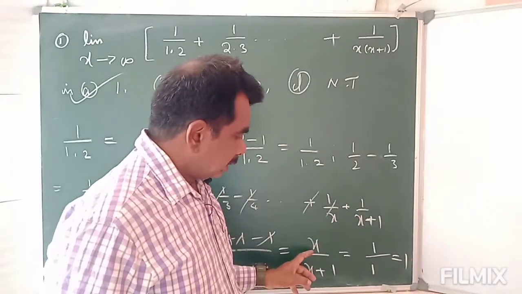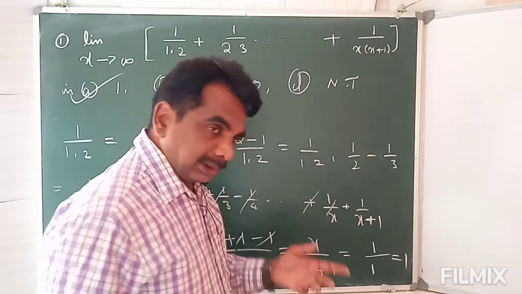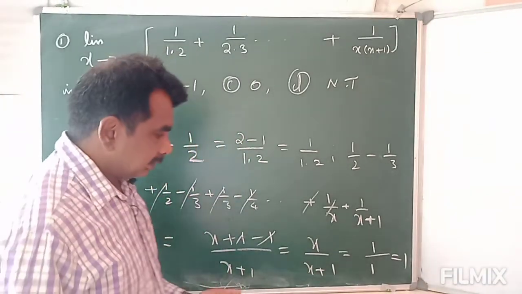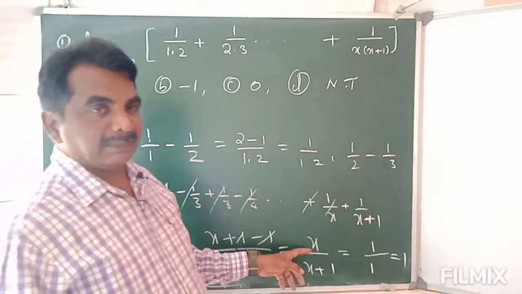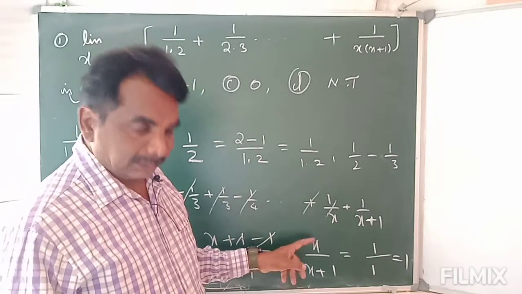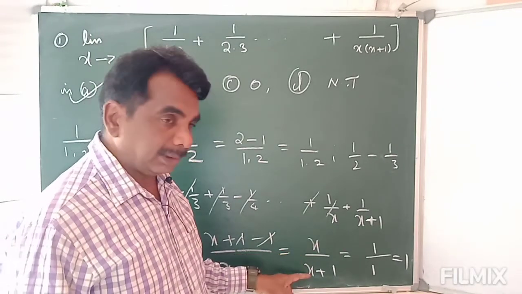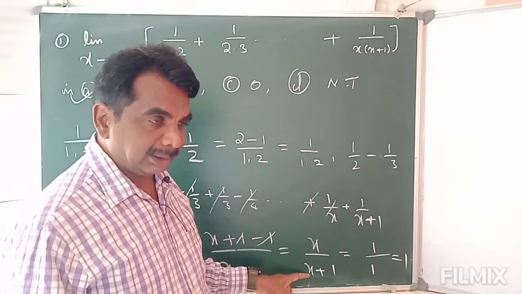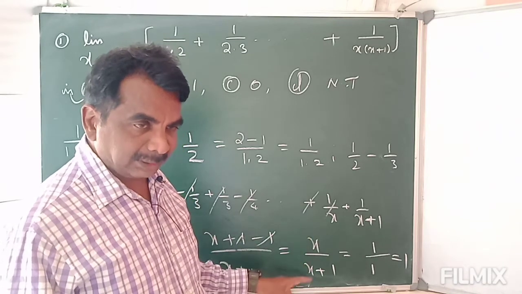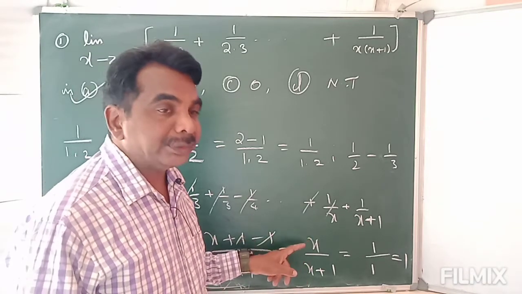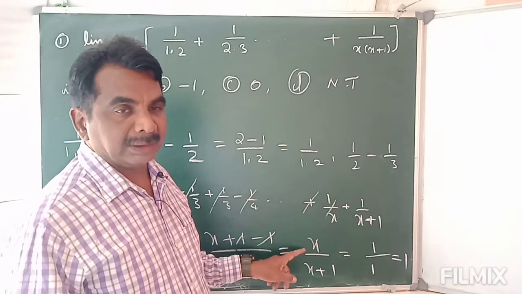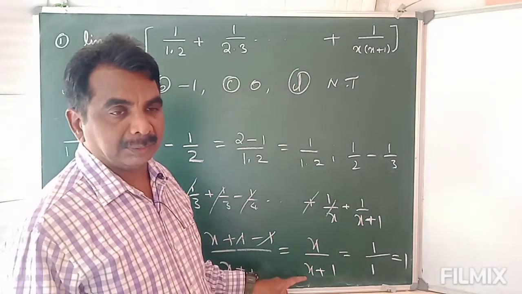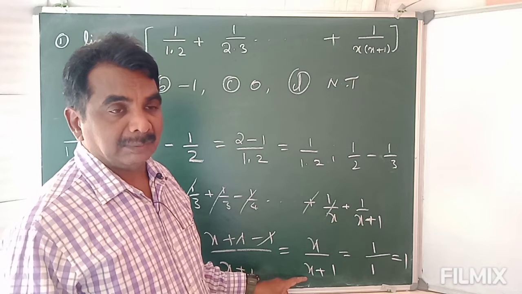Now when going to the limit applications, this is in the form of a shortcut method. Good. The numerator and denominator have the same degree. The degree of the numerator is equal to the degree of the denominator. Therefore, the coefficient of the numerator divided by the coefficient of the denominator of the highest variable.